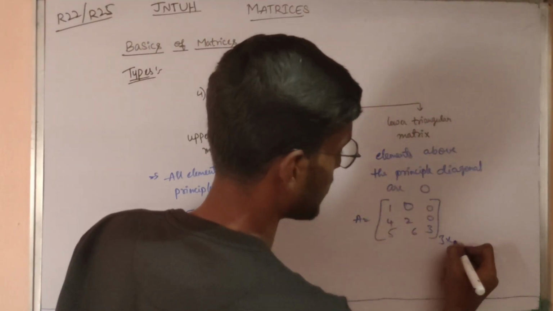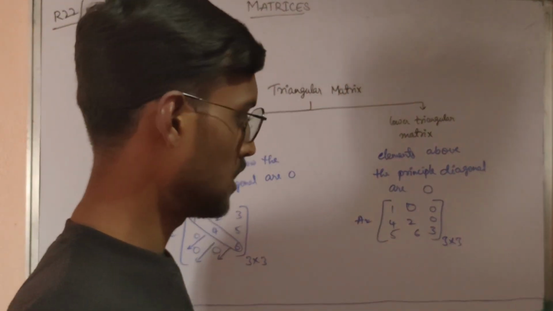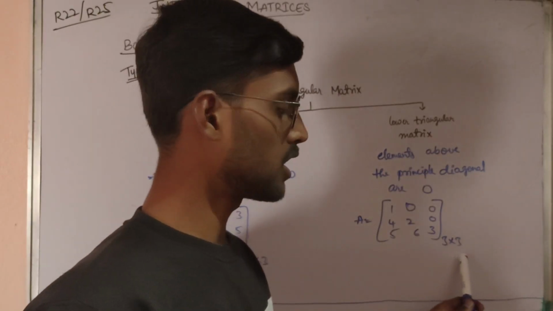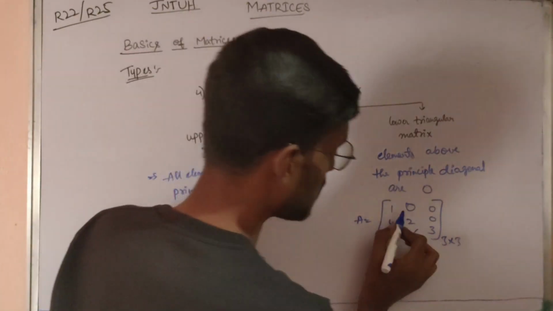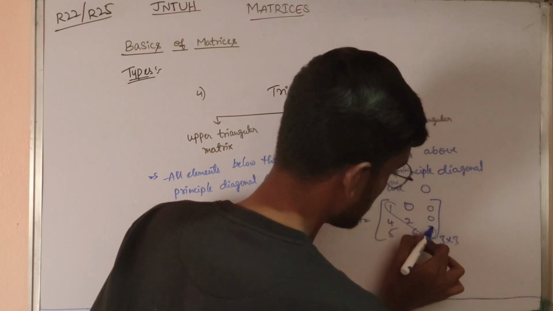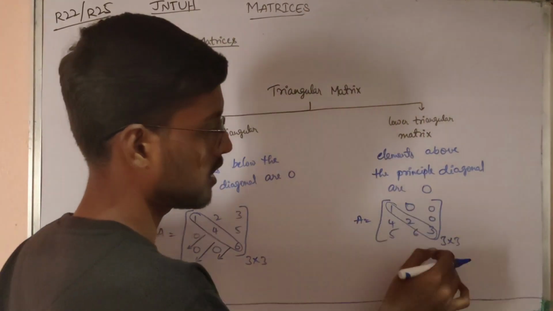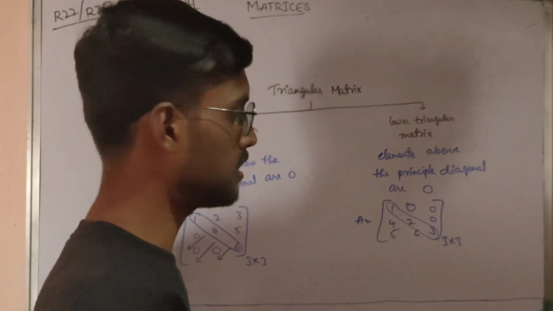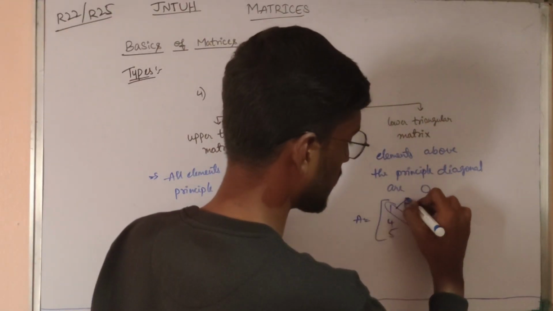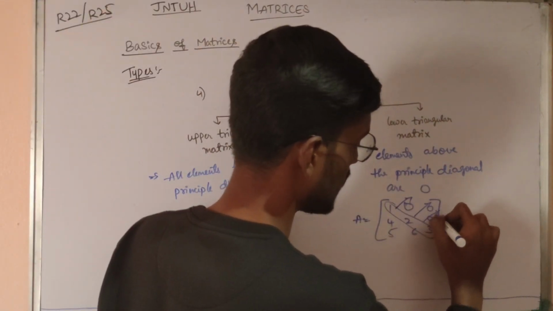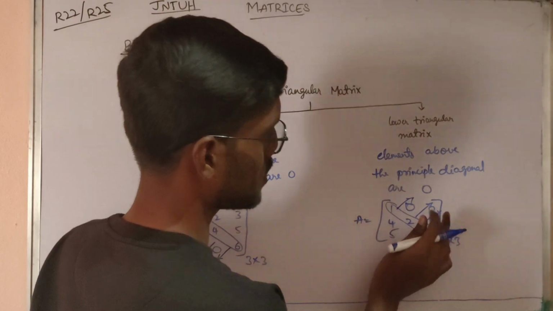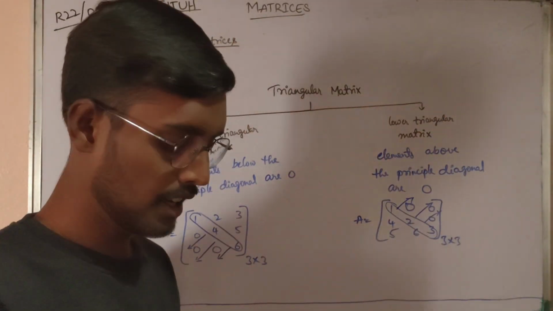This is our matrix of order 3 by 3, where 1, 2, 3 are our principal diagonal elements. The elements above the principal diagonal are all 0. This is called a lower triangular matrix.